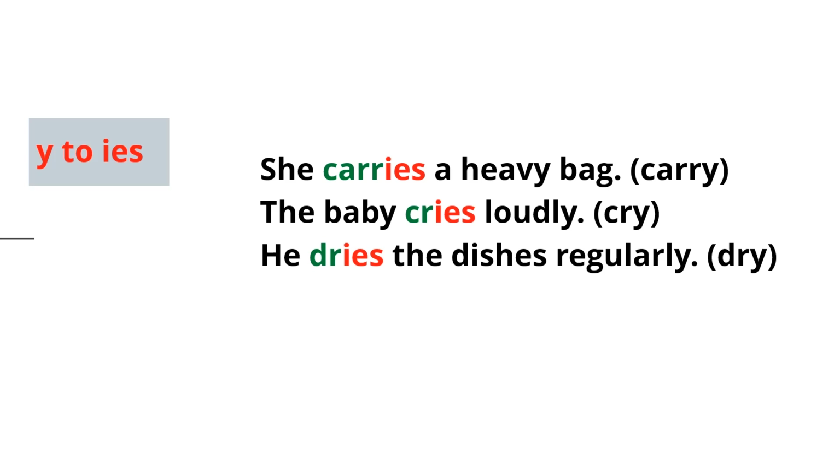Y to ies. She carries a heavy bag. The baby cries loudly. He dries the dishes regularly. As you can see, all of these verbs end with a y. Carry, cry, dry. So we have changed the y to i and we have added es.